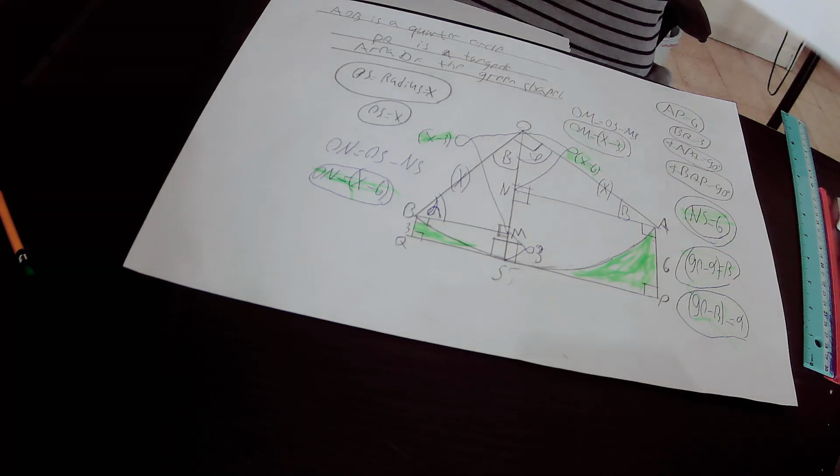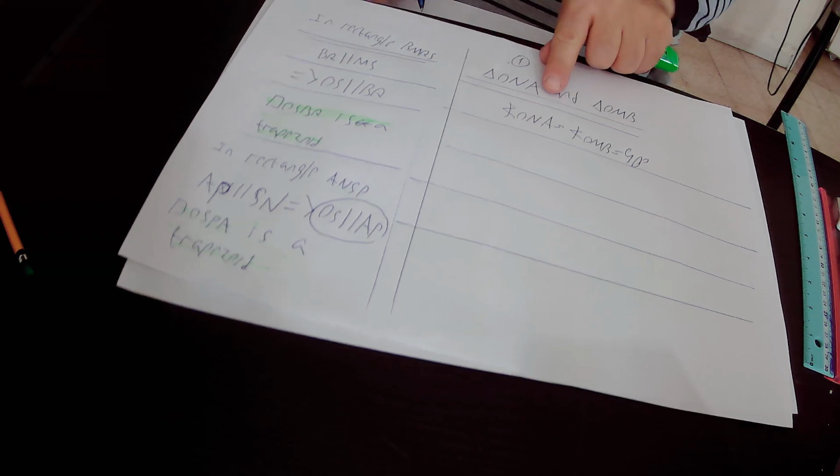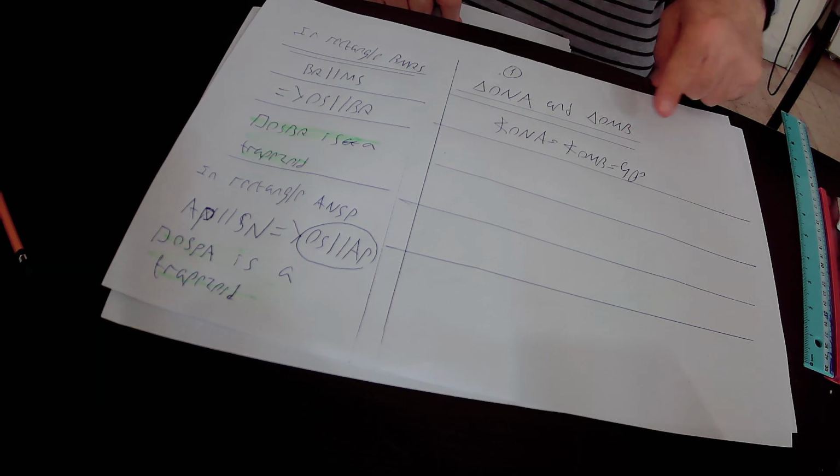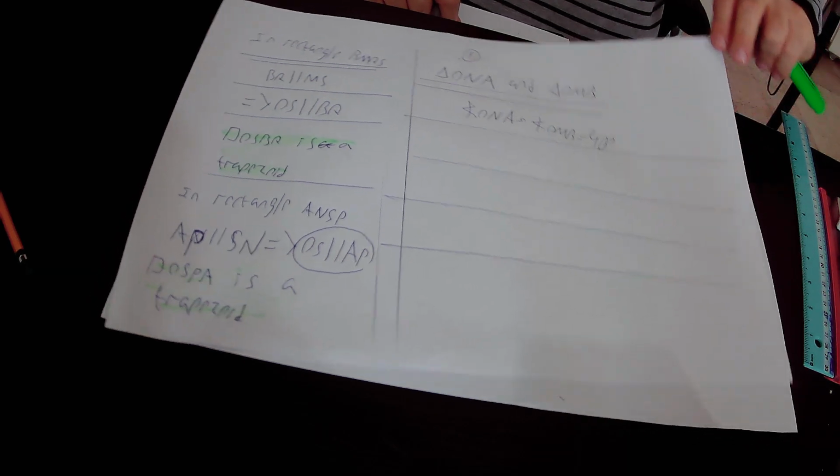To say it again, angle ONA in the right triangle ONA equals angle OMB in the right triangle OMB. They are both equal to 90 degrees, therefore they are equal to each other.